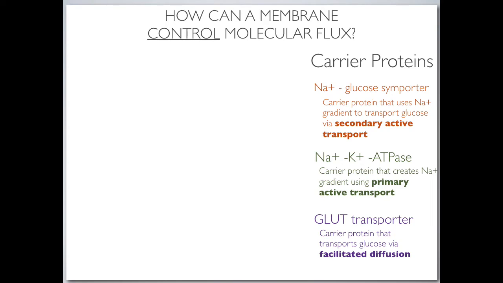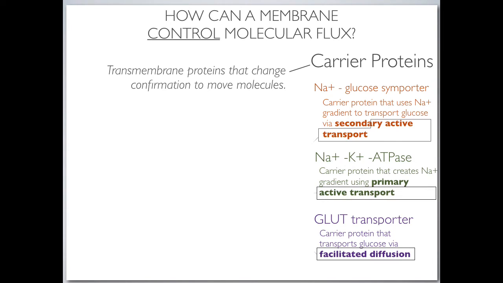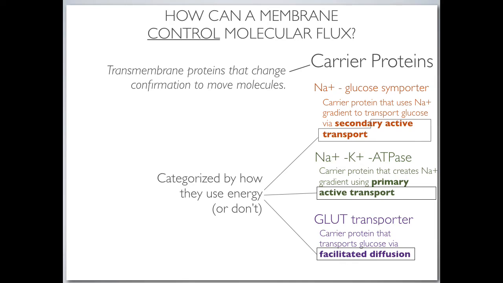So we can talk in more general terms in response to this question which we laid out at the beginning of this lecture, which we started on in the last lecture, which has to do with control. How do we control and how do we harness these driving forces of molecules? We have carrier proteins providing one class of proteins that helps on this front. They change conformation to move molecules, and we can categorize them by how they use energy or don't use energy.